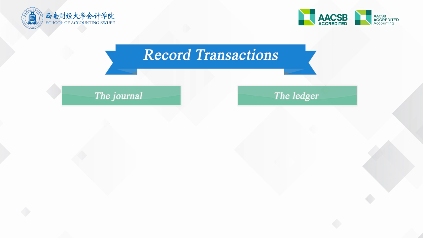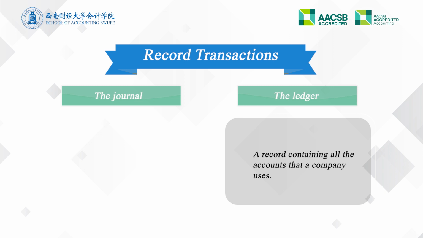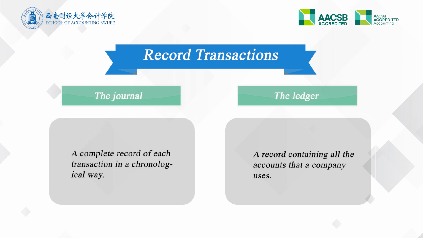Before doing any recording, let me discuss what is the difference between journal and ledger. The ledger is a record containing all accounts that a company uses, while the journal contains a complete record of each transaction in a chronological way.